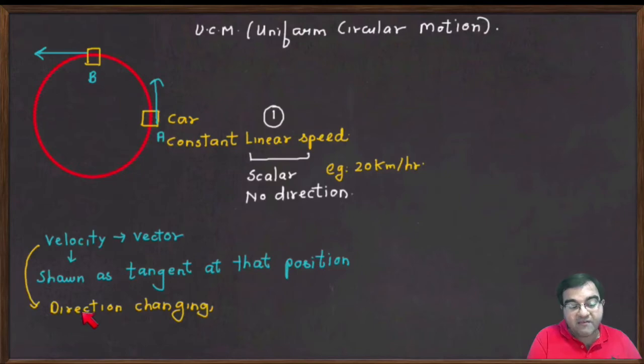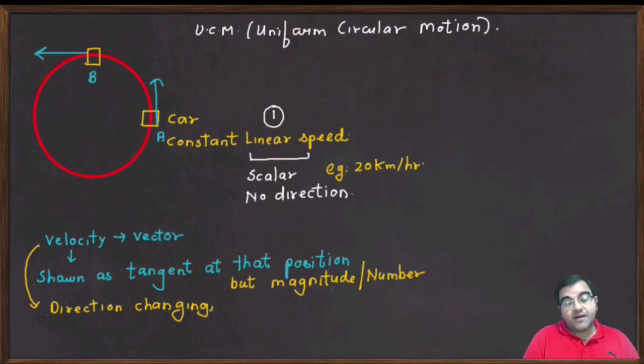Whenever the velocity changes, you call it acceleration. But still remember the magnitude of this is not going to change. This 20 kilometers per hour, whether it is in the upward direction at point A or 20 kilometers per hour in the leftward direction, 20 kilometers per hour would remain the same.